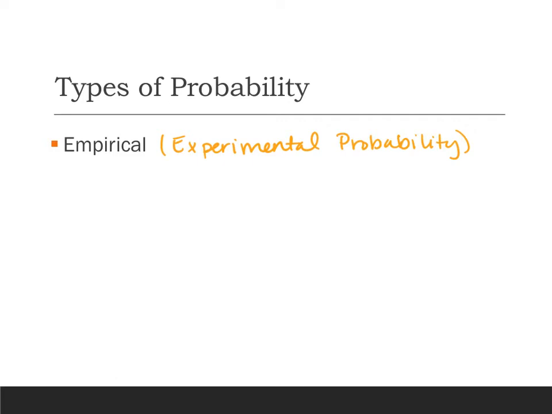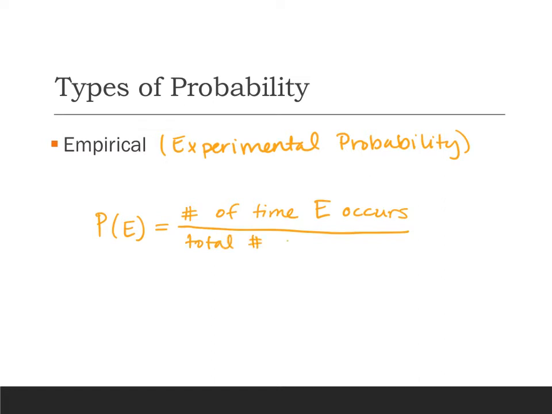So our empirical probability takes our probability of some event, and we're just going to have to figure out the number of times something, I'm just going to say E, occurs. And we're going to divide by the total number of what we'll call trials.